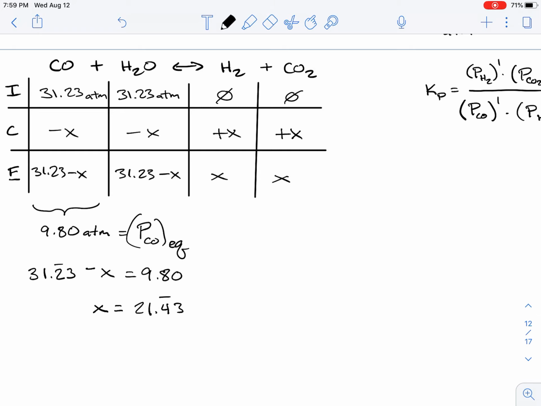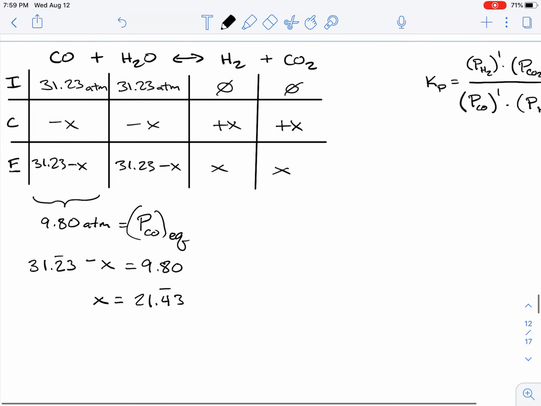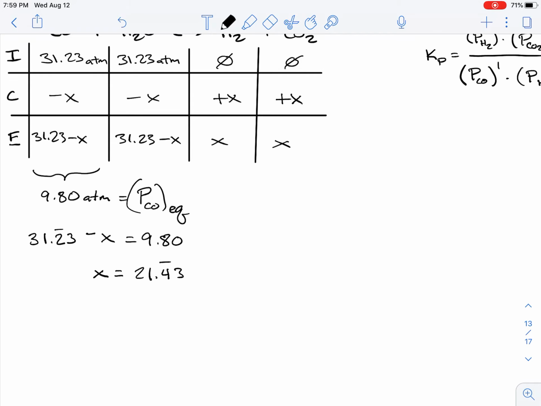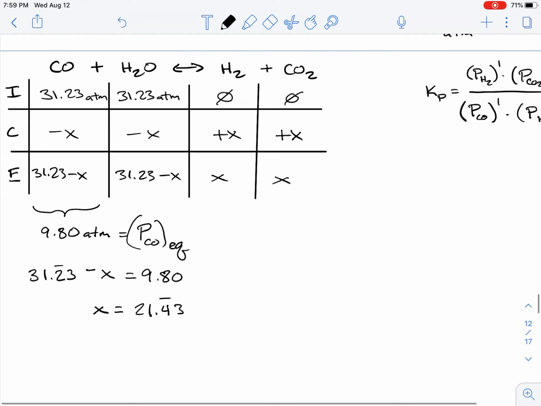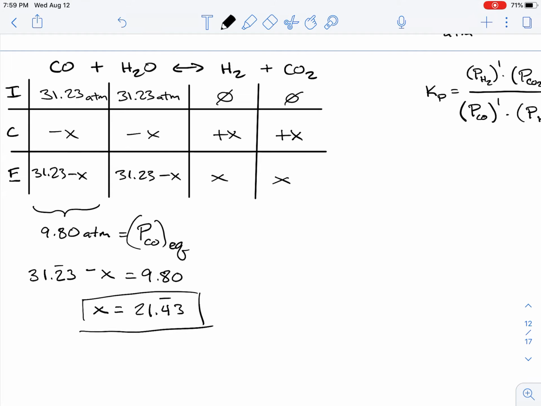And so it looks like the value of x is 21.4. So therefore, the partial pressure of H2 at equilibrium is going to be 21.4.